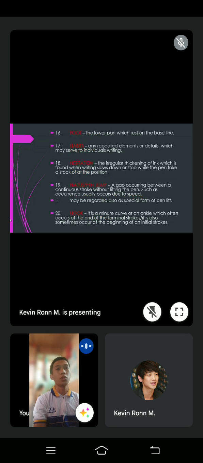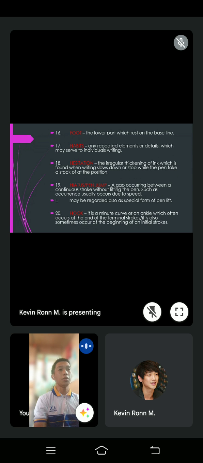Number 16, foot, the lower part which rests on the baseline. Number 17 is habits. Any repeated element or details which may serve to identify an individual's writing. So that is habits.